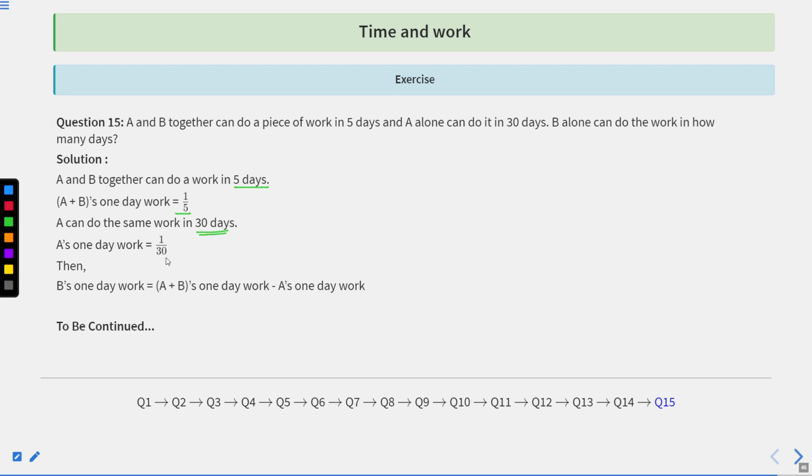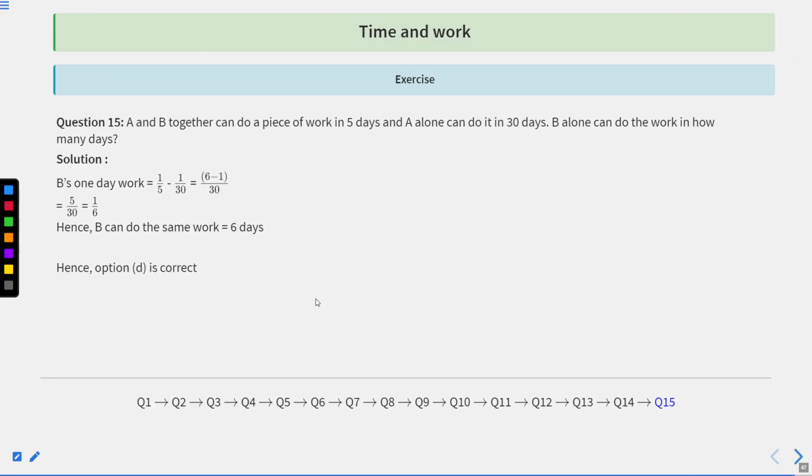So A's 1 day work is 1 upon 30. Then B's 1 day work is going to be A plus B's 1 day work minus A's 1 day work. So it's going to be 1 upon 5 minus 1 upon 30, that is 1 upon 6. Hence, B can do the same work in 6 days. So the correct option here is option D.